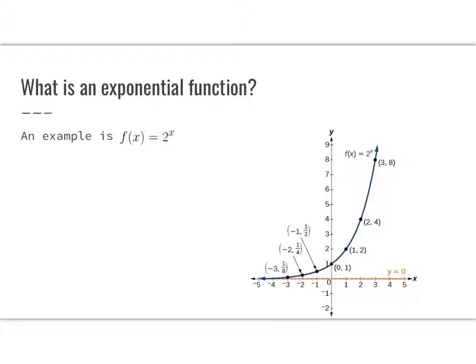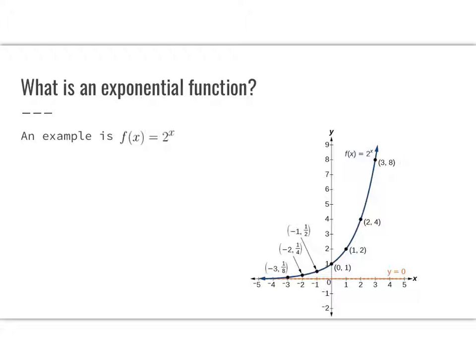Exponential decay would be something like 1/2 raised to the x, okay? And so you can see you just plug it in and you get out whatever you need to. So if you plug in -2, that would be 2 to the -2, or 1/4, right? So like most functions, you can just plug in x values, see what the corresponding y values are, and use that to determine what a graph would look like or build a table that way.